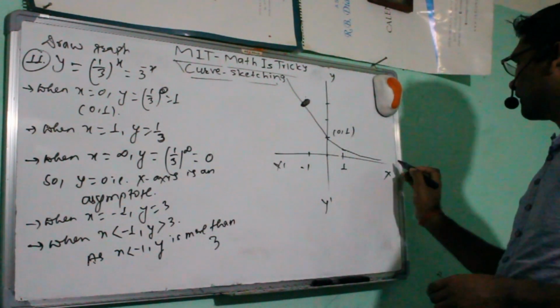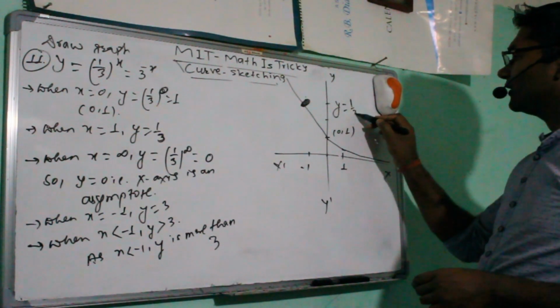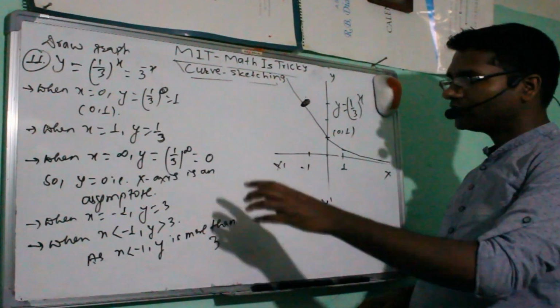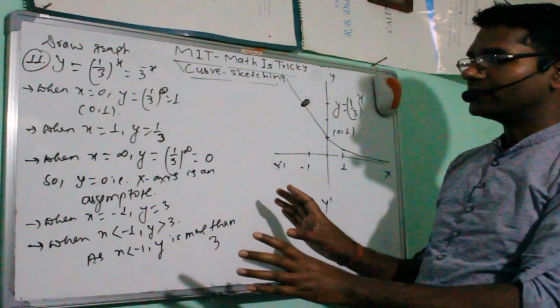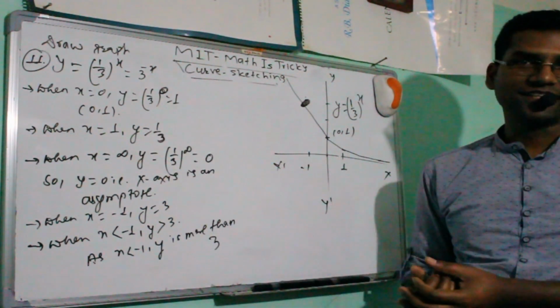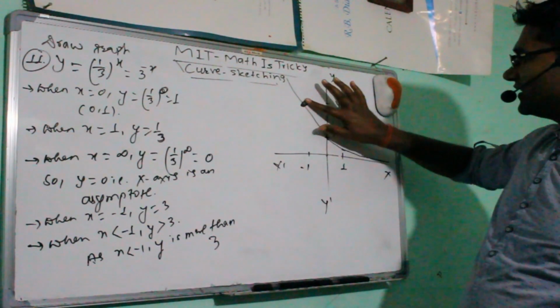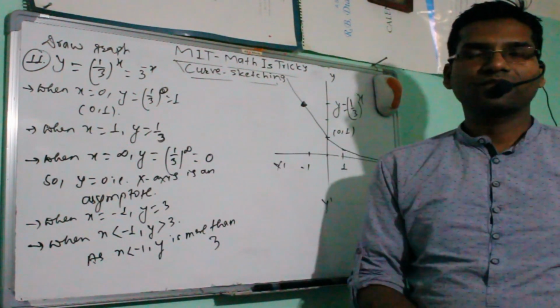This is the graph for y equals 1 by 3 power x. On the basis of the characteristics that we have obtained, the graph is shown aside. This type of graph we'll get here. Okay, so this is the graph for y equals 1 by 3 power x.